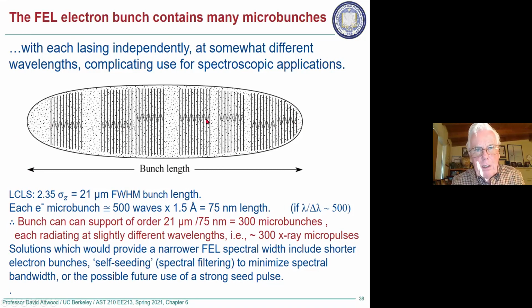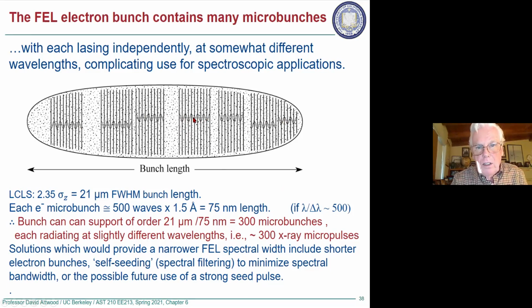Each of these little bunches has a characteristic spectral bandwidth of, let's say, 500, something like that. Our 1D model said it was like 660, but more likely in the lab, and by their measurements, it's more like 500. That means that each of these little electron waves, which are all growing exponentially and separately, could have slightly different frequencies, certainly different phases, but they each can support 500 cycles, because that's the spectral width that we see.